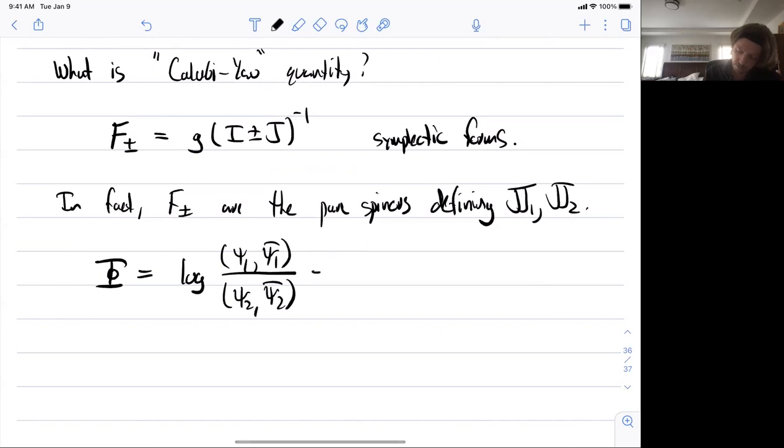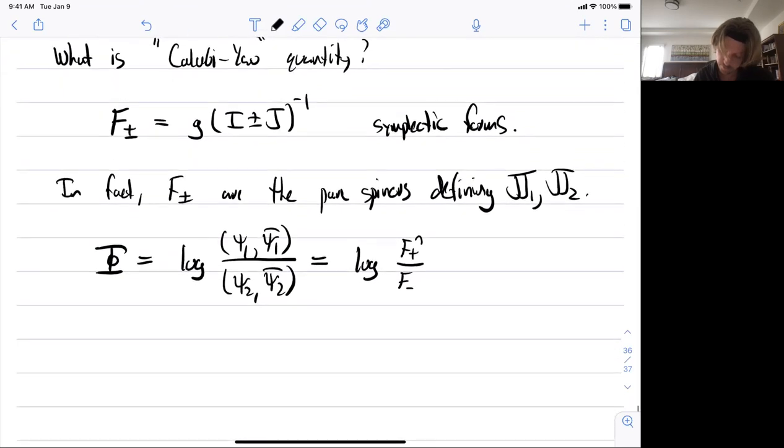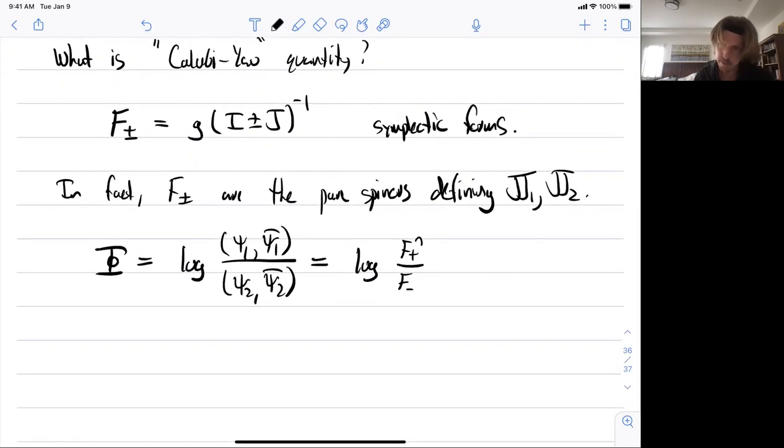In this case, what that works out to is log of F plus to the N over F minus to the N, oh, maybe I have my dimension 2N, not 4N.